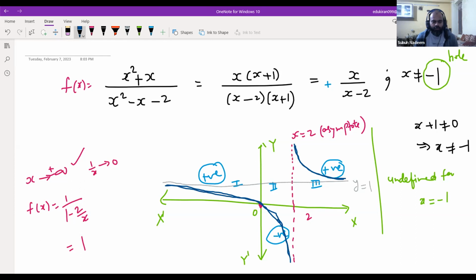Is it okay? But isn't this the same graph which they gave? Now we have to see. Can you share? Yep.